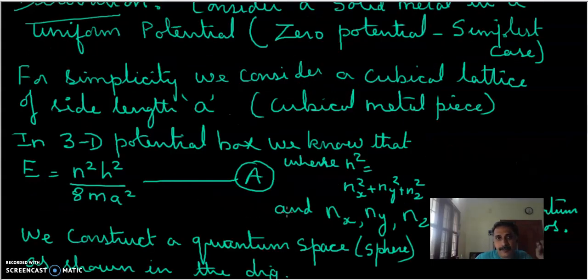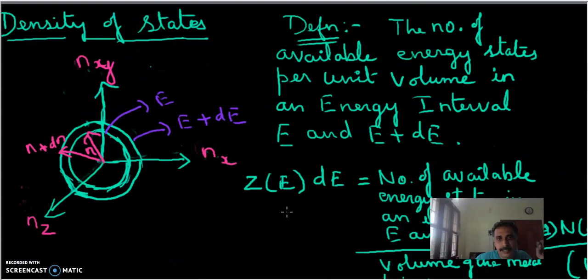Where is the diagram? The diagram we have seen in the beginning itself, right? So this is the diagram. So we have constructed a quantum space that is an imaginary sphere of radius n and radius n plus dn. What is n? n is the quantum number, and the quantum number n is made up of nx, ny and nz. We know that n square is equal to nx square plus ny square plus nz square.